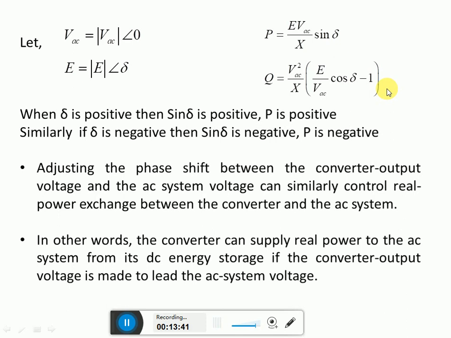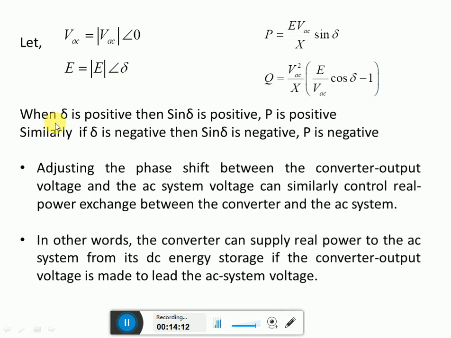Now when this delta is positive, what happens? Sine delta is positive, so ultimately we get positive real power here. Positive real power means it is supplying real power to the power system from the STATCOM terminal.